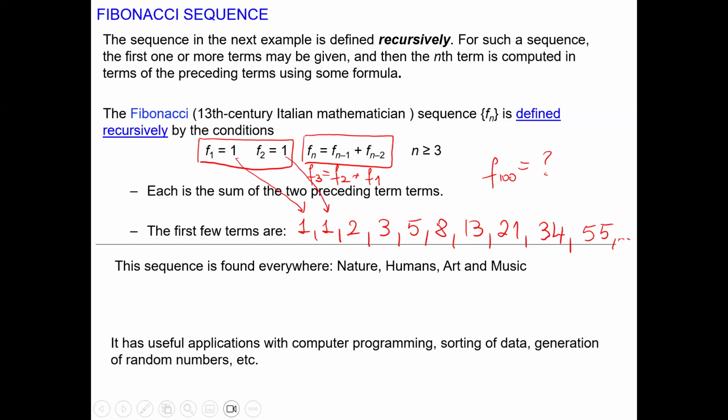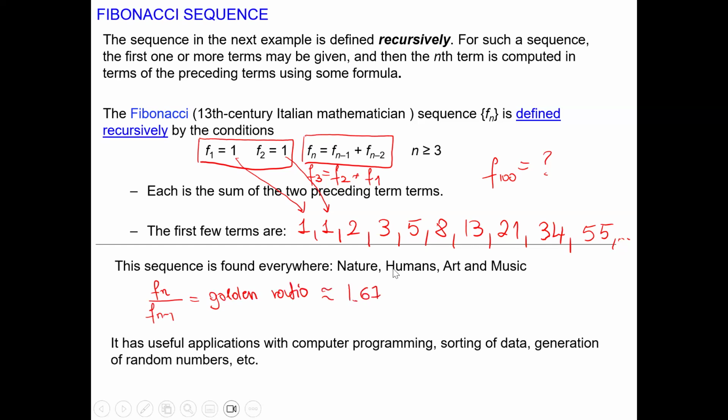It's also an interesting thing that when you take the term f sub n, any term, and divide by one term before, we call this the golden ratio. And it's always about 1.67.